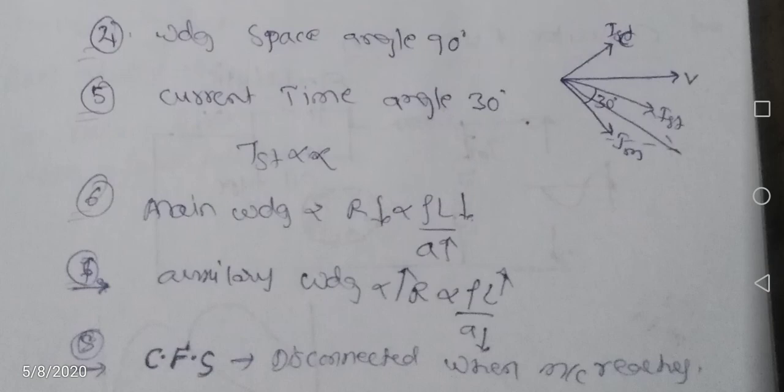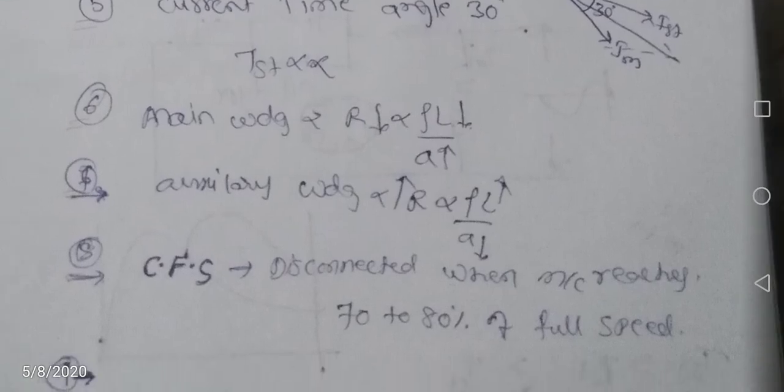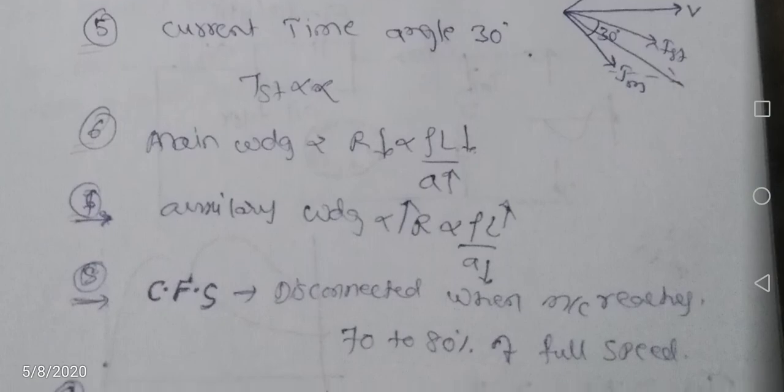IST and IM are different, with an angle between IST and IM of 30 degrees. So the auxiliary winding is also called the starting winding.